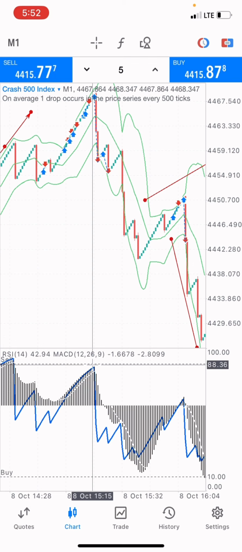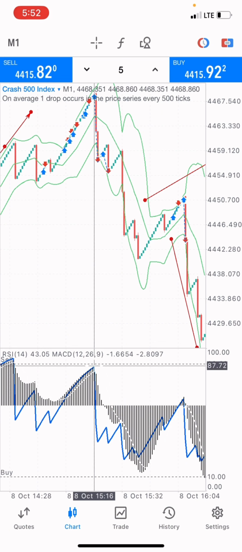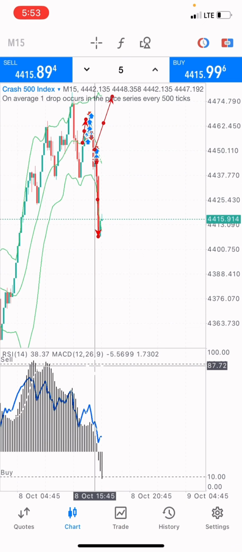That's why you find that even when the MACD touches this line of about level 90 on the 1 minute time frame, you wonder why a spike occurs. It's because of the higher time frames. On the higher time frames, it has not reached that level, but on the 1 minute time frame, it's showing you that it has reached that level. So always go to the higher time frame and confirm very well before placing an entry or exit position.